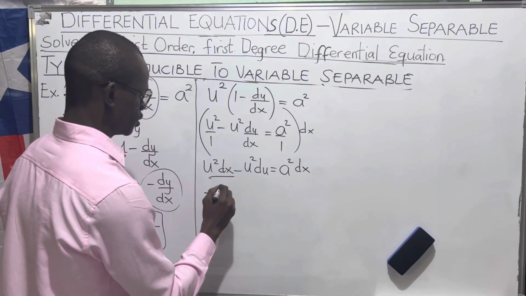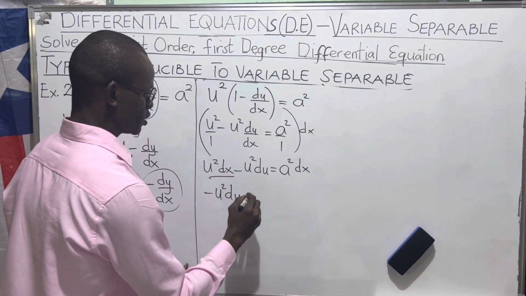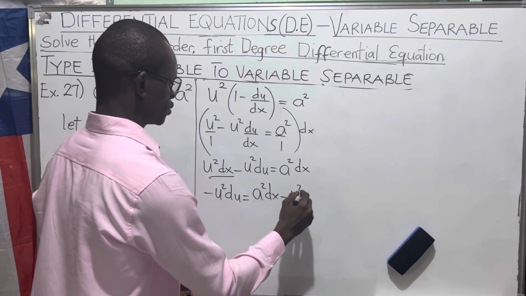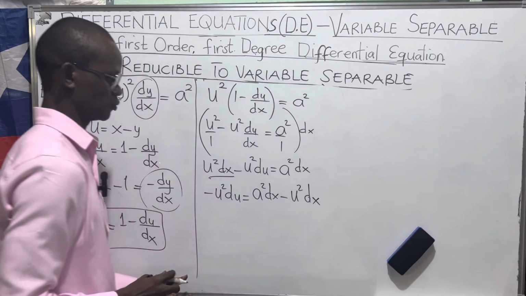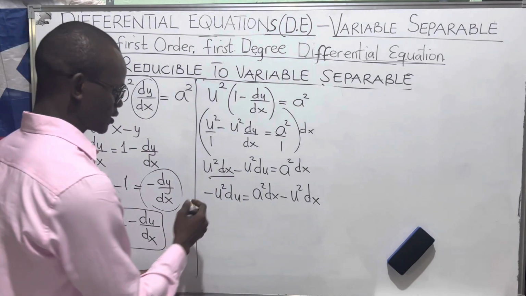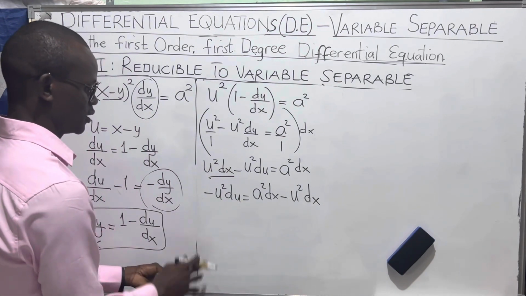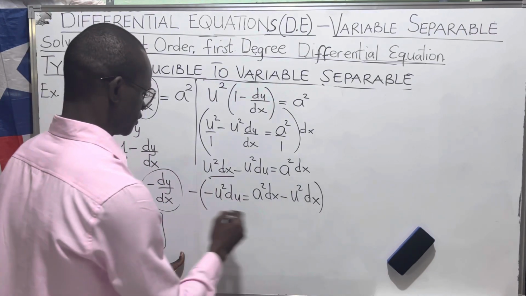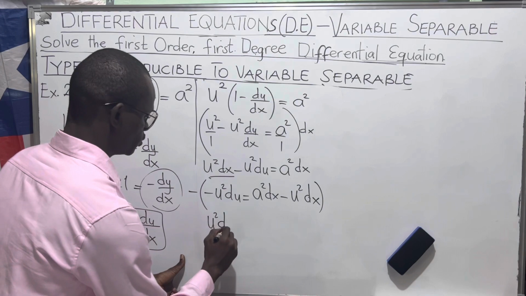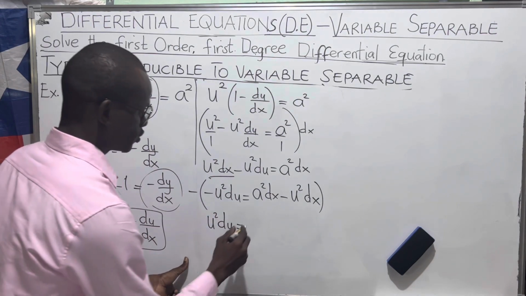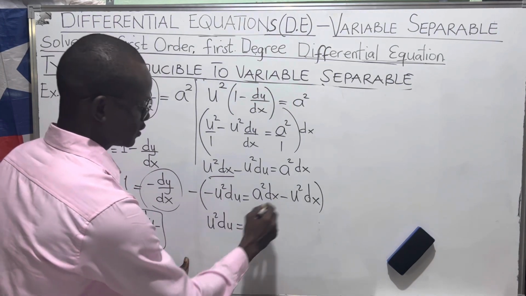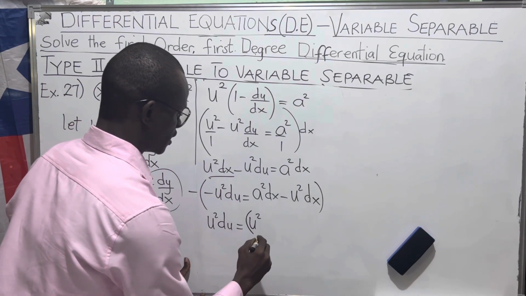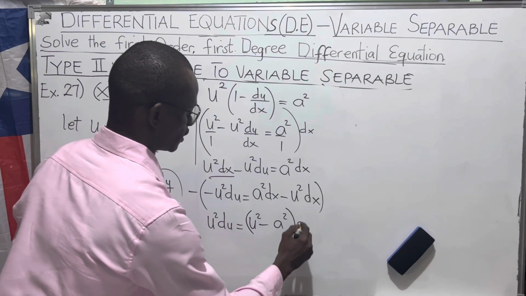We have minus u squared du equals a squared dx minus u squared dx. What happens if we multiply all sides by negative? We have u squared du equal to, so this one will be positive now, so I can write this one first, dx and dx, we can just factor it out, u squared minus a squared dx.